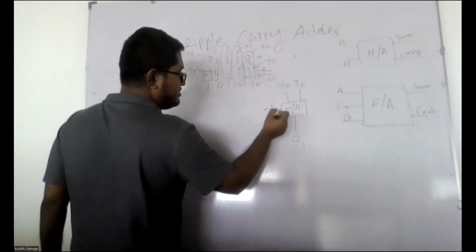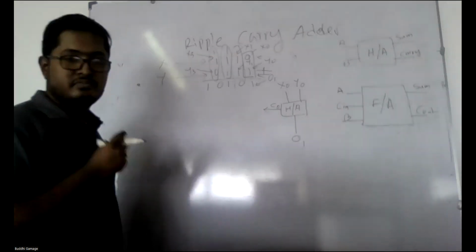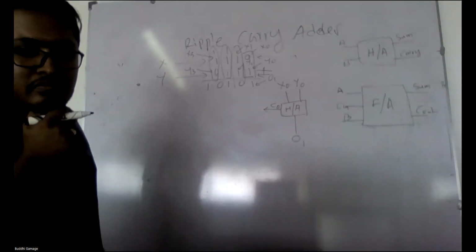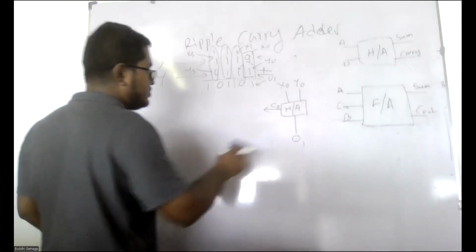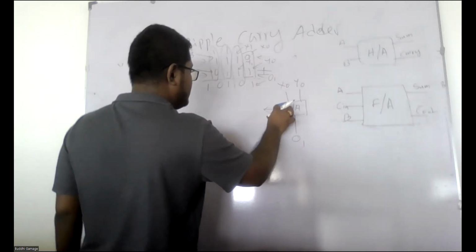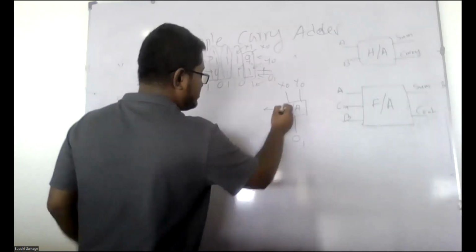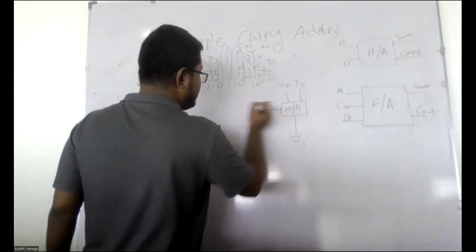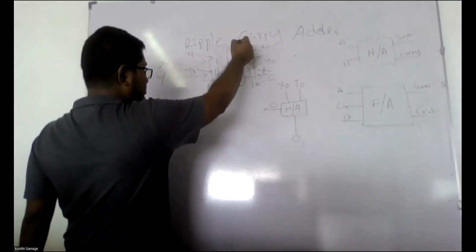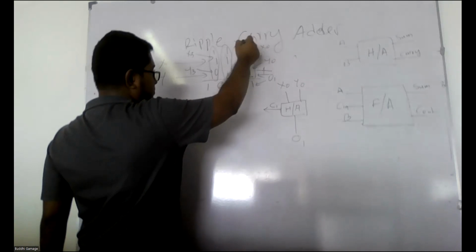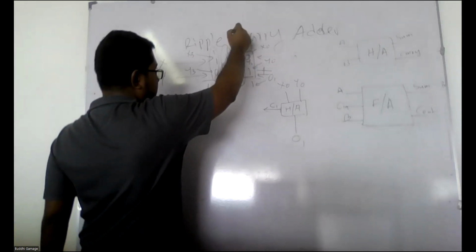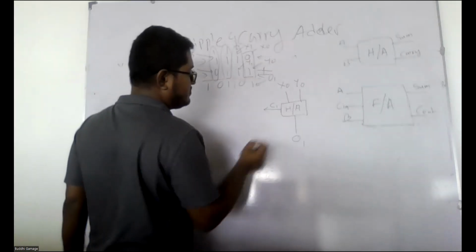So let's take it is C0. I say C1 because that carry forward bit is for here. So that means this one is C1, right?